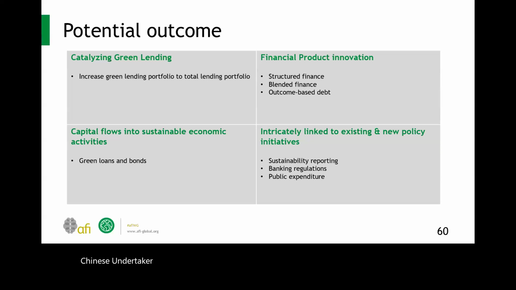The third one, which is the most obvious that many countries put green taxonomies in place for, is to allow capital flows into economic activities that are sustainable. This has been a priority for many countries. I don't need to dwell on that. And then the last part I would mention is that a green taxonomy can shape existing and new policy initiatives around reporting, regulations, or expenditure.